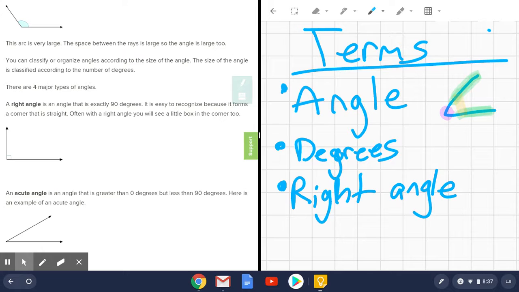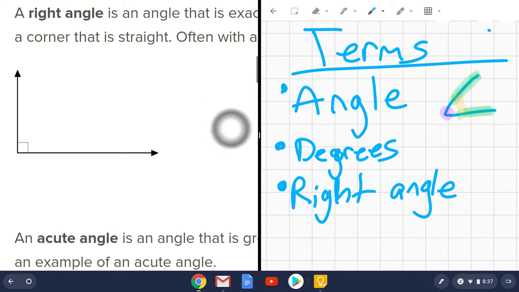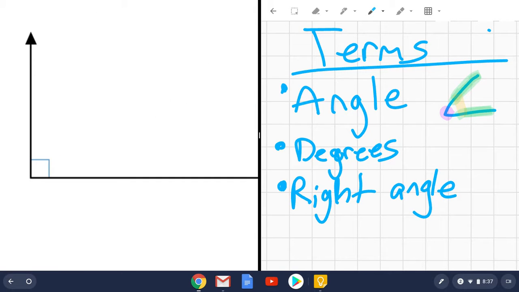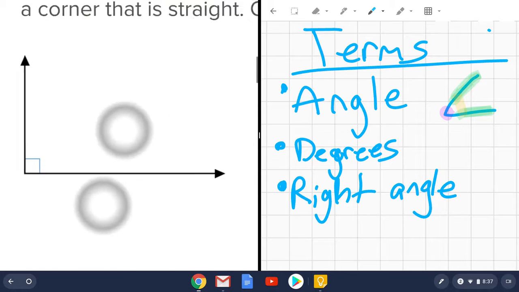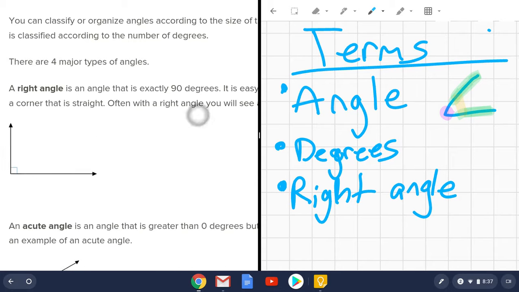If you see an angle that is just a corner, that means it is a right angle. Often with a right angle, we see a little box in the corner too. You see this little box that's in blue? That is the sign that this is a right angle.